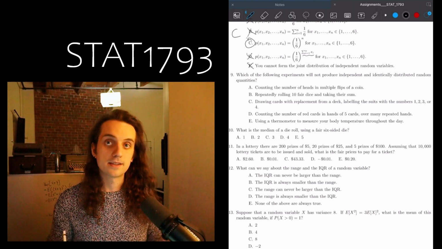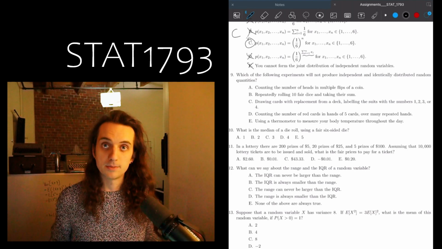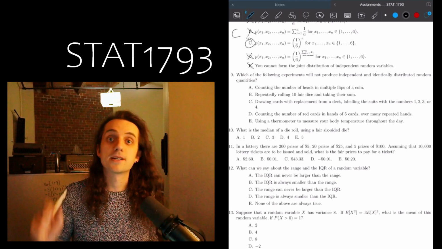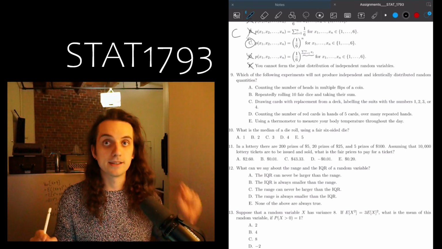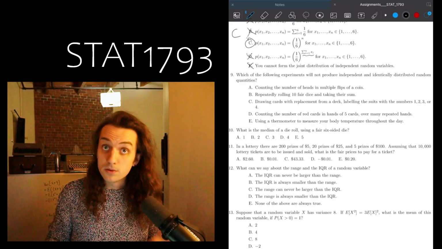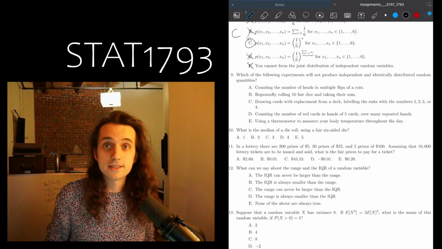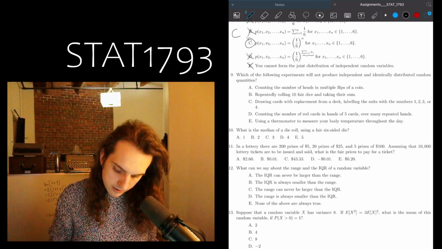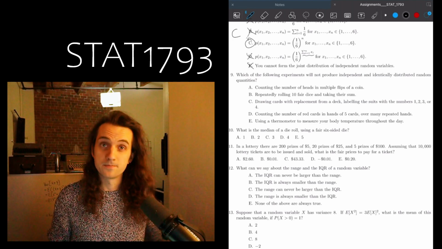If you flip the same coin over and over again, that's going to be fine. But if you roll a 6-sided die and then a 20-sided die, that's not going to be fine because the 20-sided die has different probabilities than the 6-sided die. So with those two traits in mind, we can look down and start thinking about the different options here. So counting the number of heads in multiple flips of a coin, right?